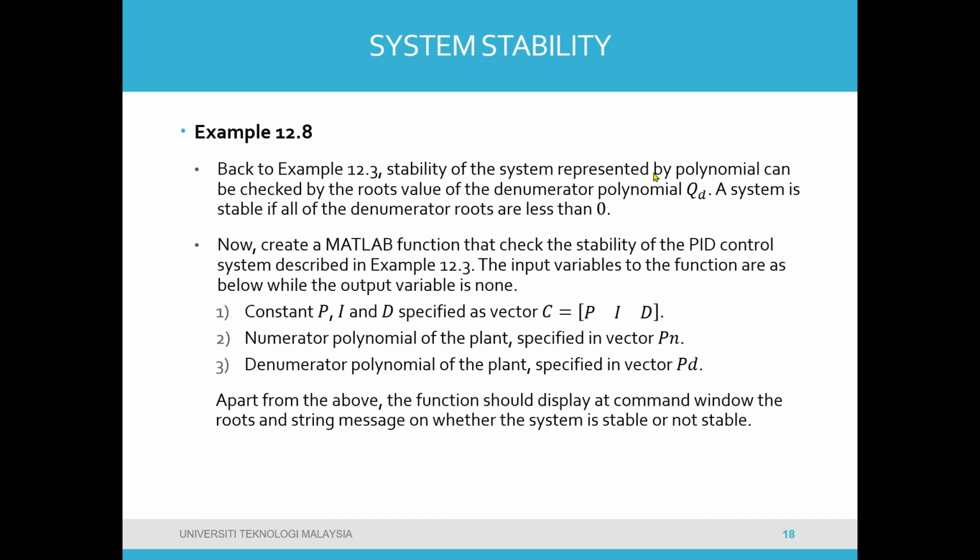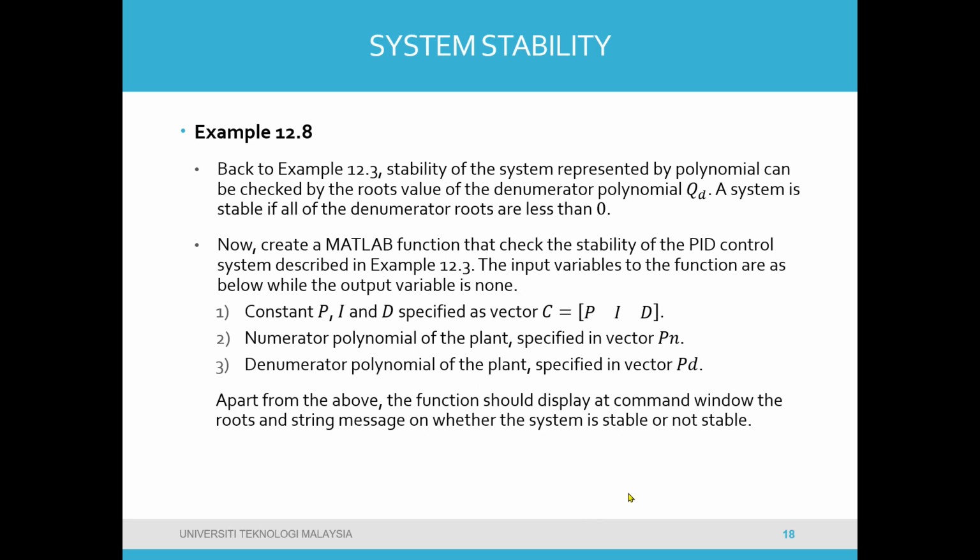The stability of the system can be represented as a polynomial, as mentioned before, and checked by the roots. A system is stable if all the roots of the denominator are less than 0.